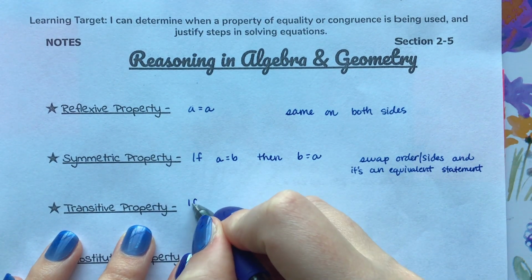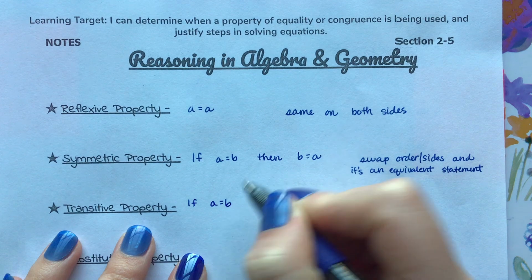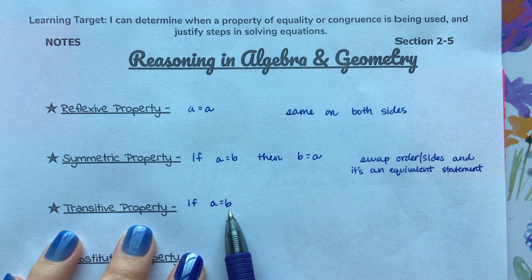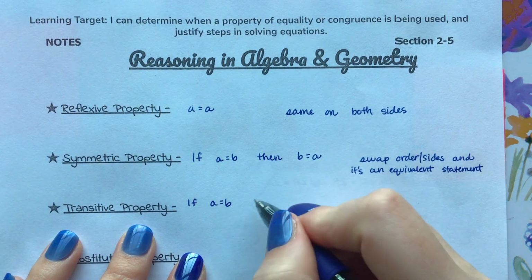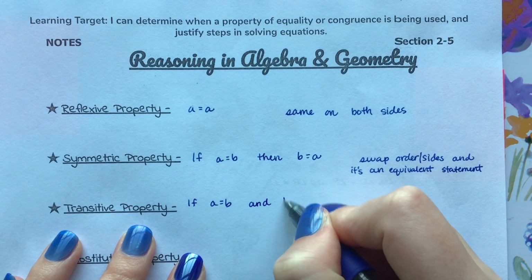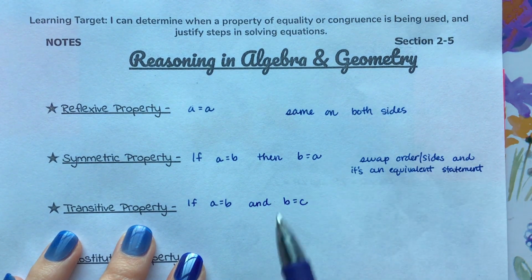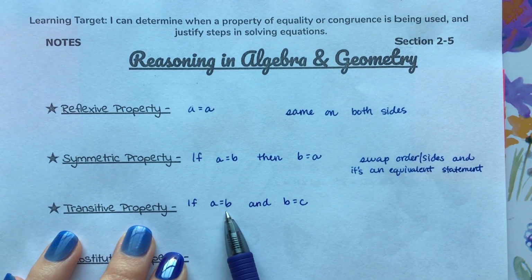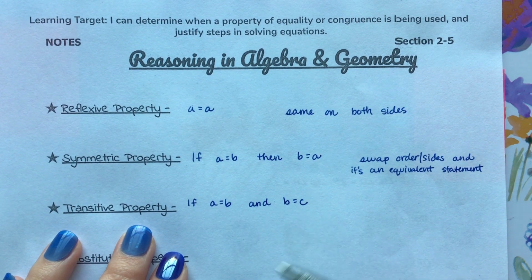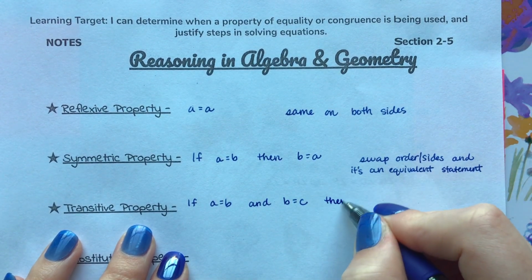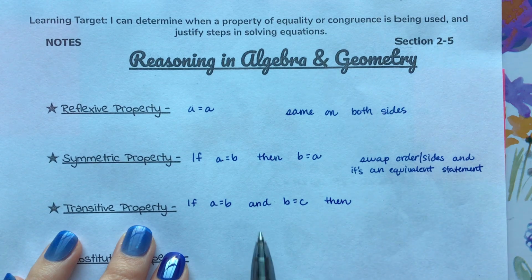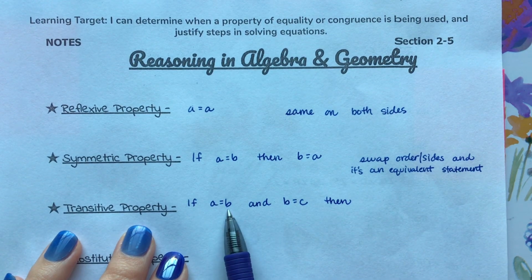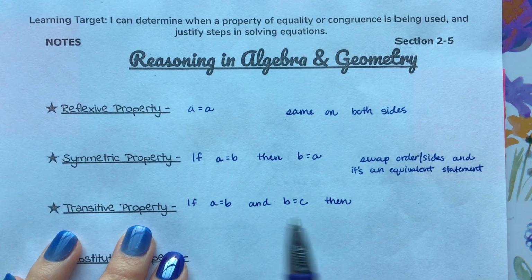So let's say if A equals B, so some number A equals B, and B equals C. So now we know A equals B and B equals C. Then we can then eliminate this B and go straight to, well, A must equal C then.